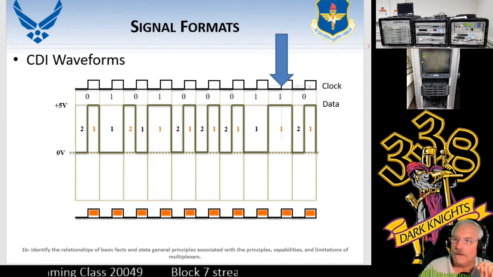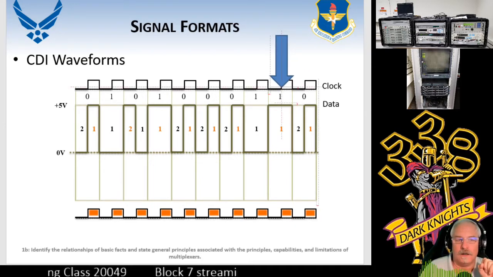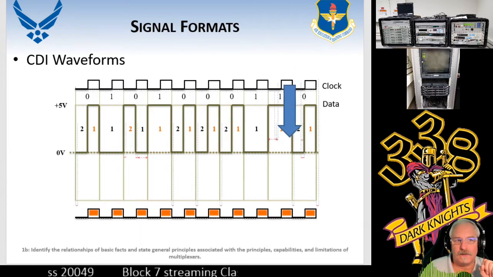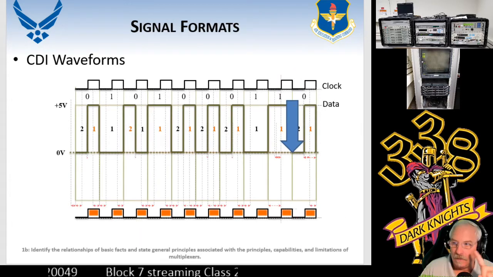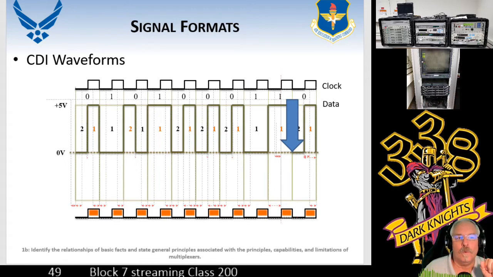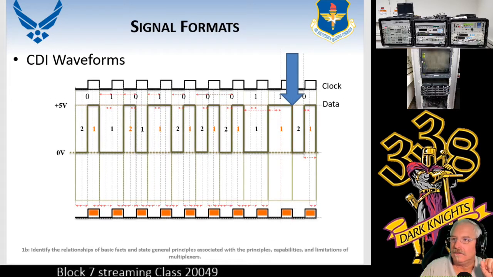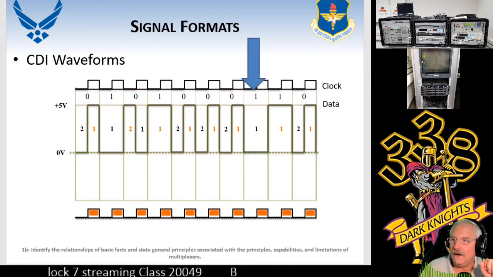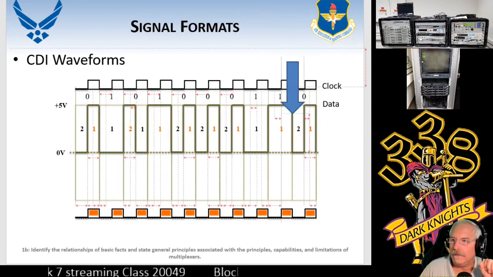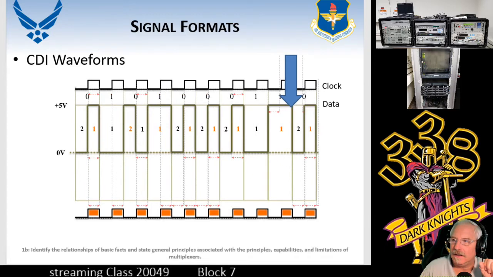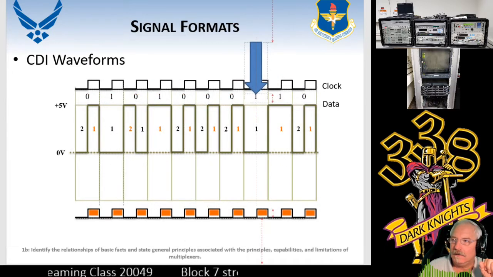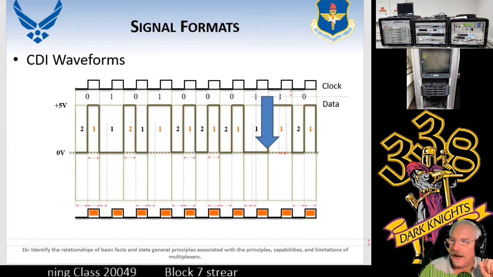So with the number 1, there's only 1 transition. Halfway through the clock cycle, it doesn't matter. Normally, with ones, they always start with the leading edge. You can see that we have another one. So there's the first data. When we get to the next data, it goes down.